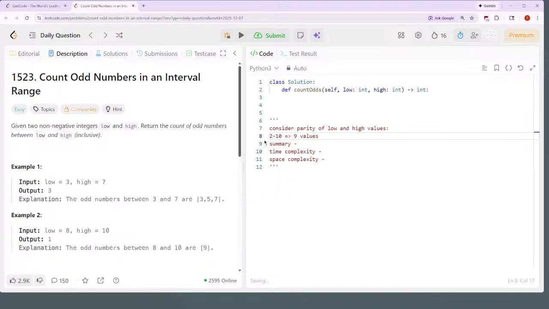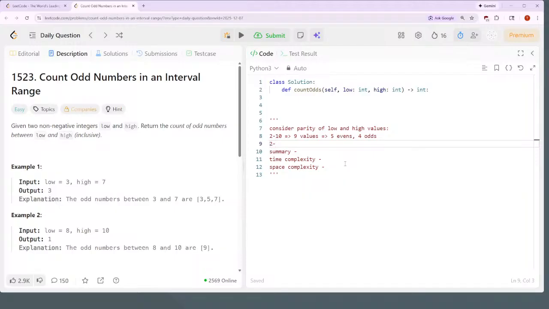Generally, if you take a range where the low and high values are included, you do the difference and then plus 1. So 9 values. Because the low and high values are both even, you'd expect half of this plus 1, or rounded up, to be even. So 5 evens and 4 odds.